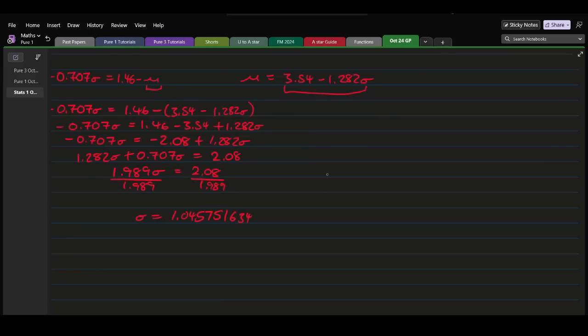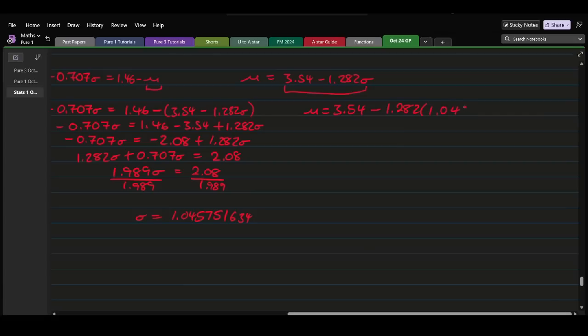Alright, the reason I've taken the calculator display is because we want to substitute it into this equation over here so we can evaluate mu. So sigma is 1.04575164. If you don't want to use the full calculator display, just use about 4 decimal places and you should be fine.